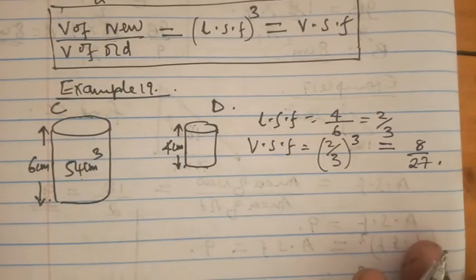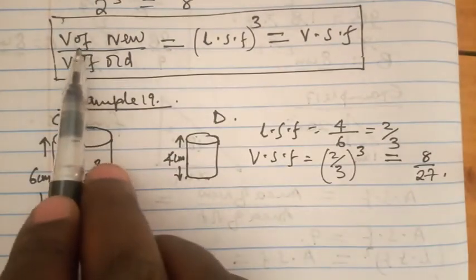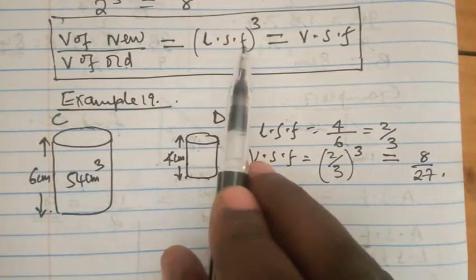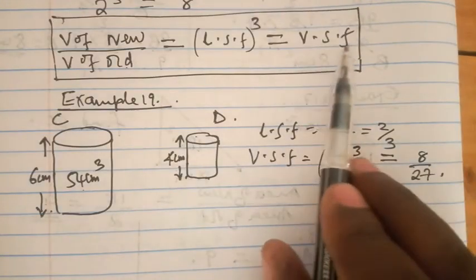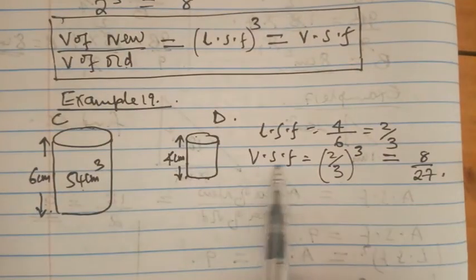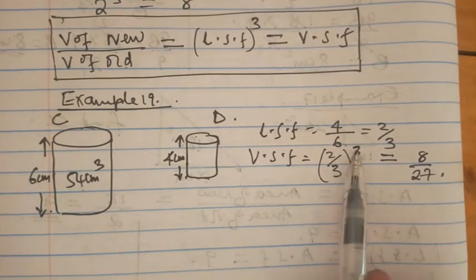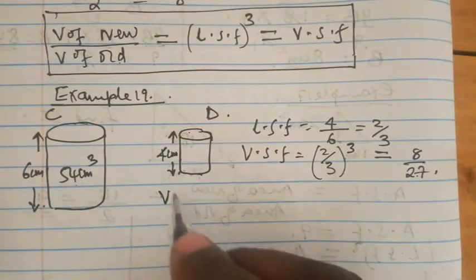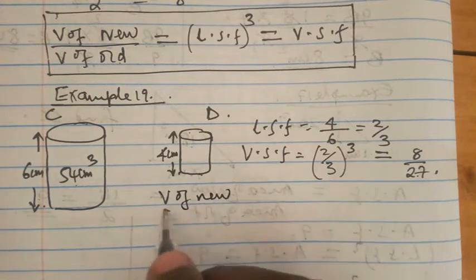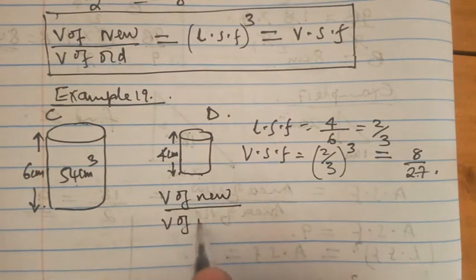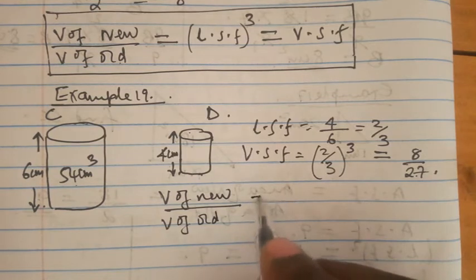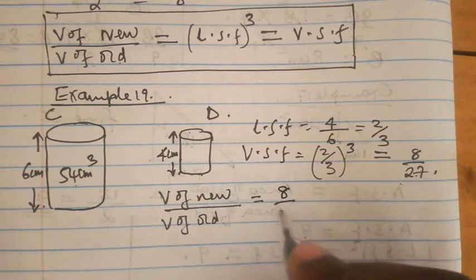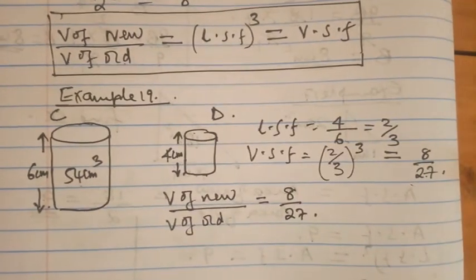What does that mean? If we go back to this statement, the volume of new over the volume of old should give us the linear scale factor cubed, which is the volume scale factor. Incidentally, the volume scale factor is the linear scale factor cubed, which is 8 out of 27. Meaning that the volume of new over the volume of old is equal to the volume scale factor, which is 8 out of 27. And what is the volume of the new?